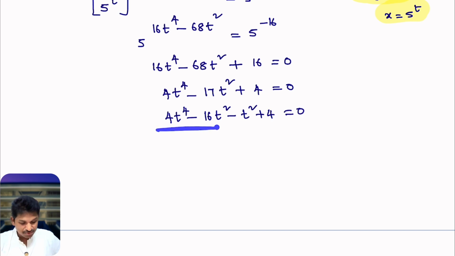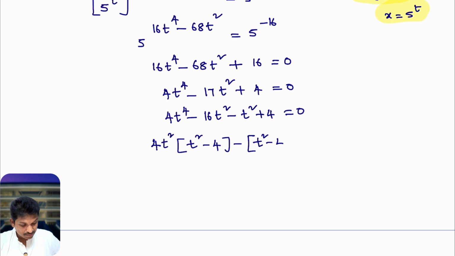In these two terms, you can take 4t square common. Then you will get t square minus 4. In these two, you take minus common, t square minus 4 equal to 0. So you will get 4t square minus 1 into t square minus 4 equal to 0.